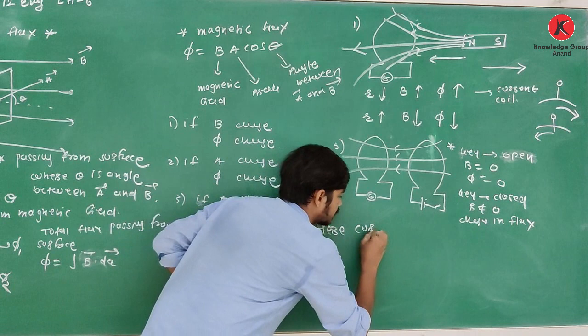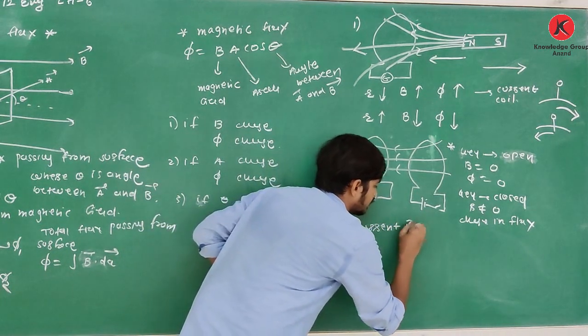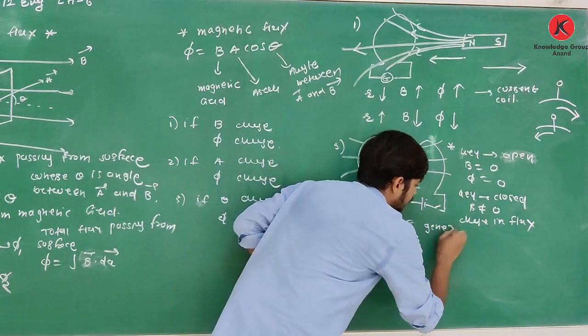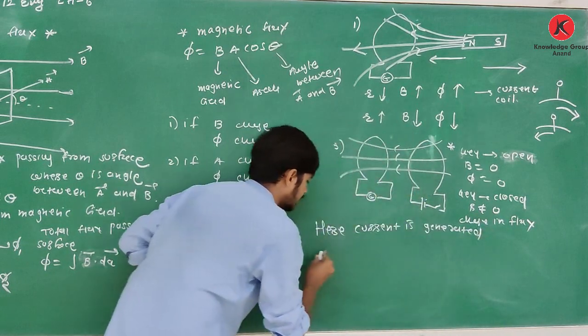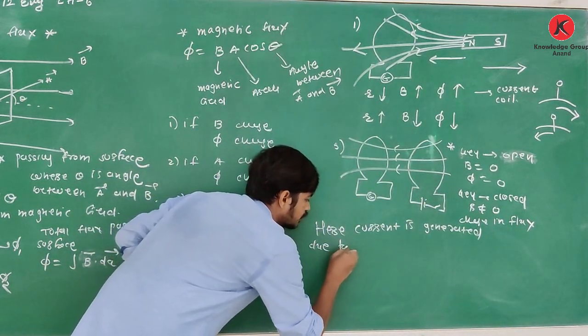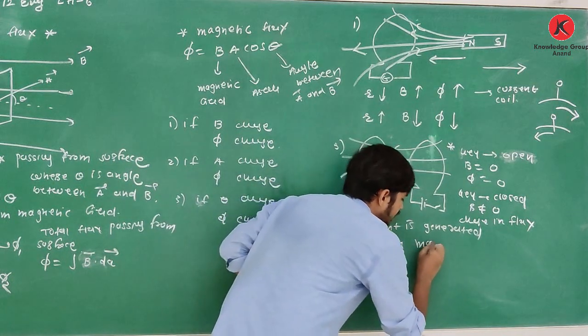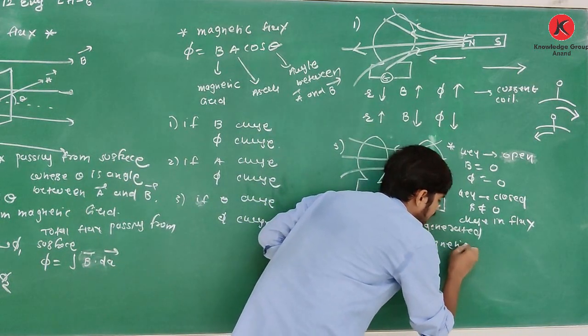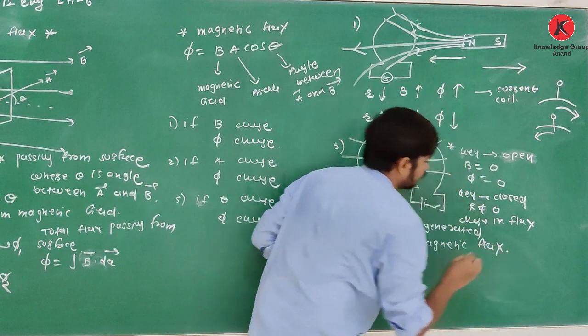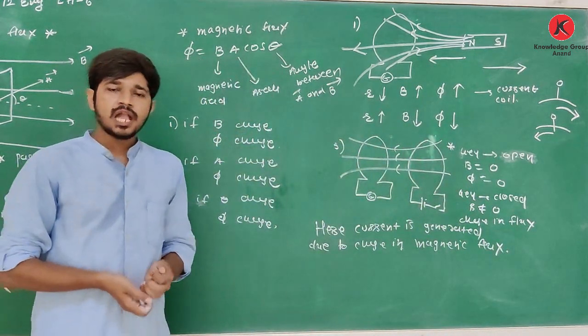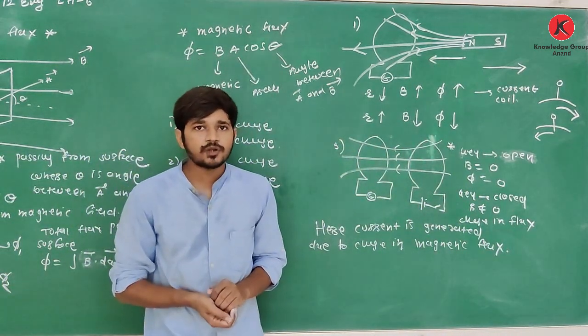Here current is generated due to change in magnetic flux. Clear about this? Now, current induced means what?